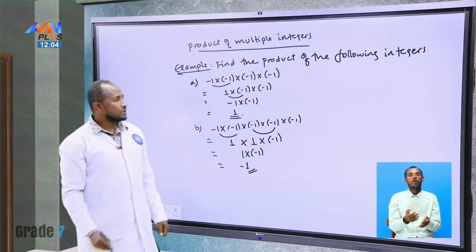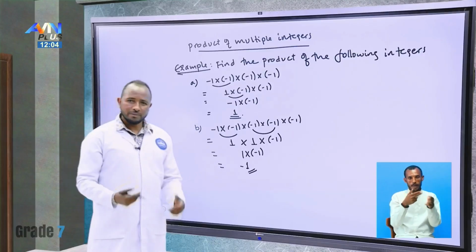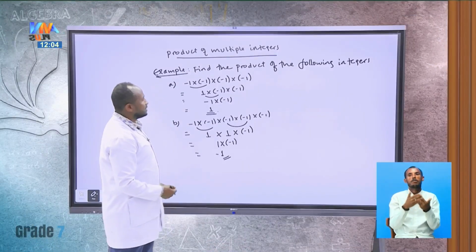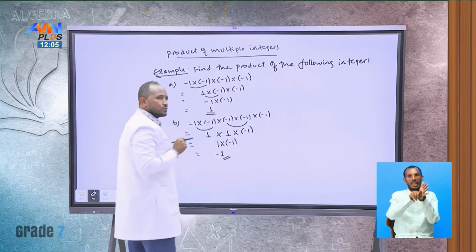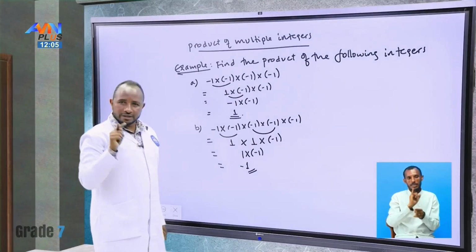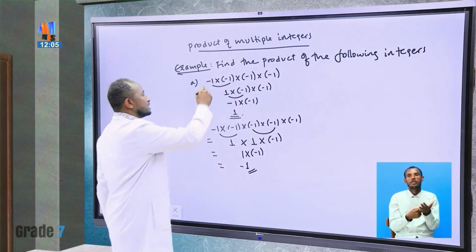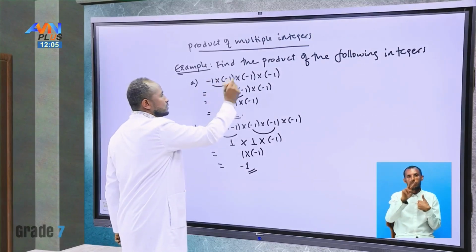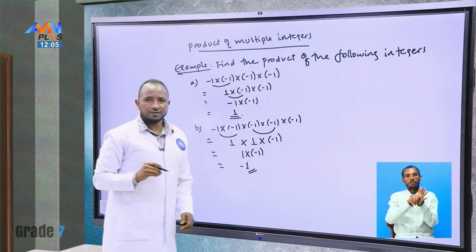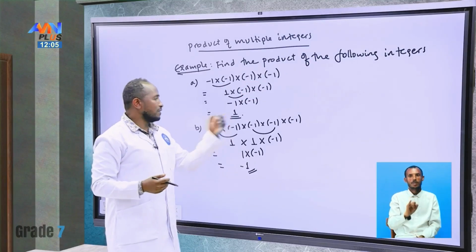Now, look at these two examples. When you multiply numbers, you can simply count the number of negatives to state whether the answer is positive or not. Here, let's count the number of negatives. You have 1, 2, 3, 4 negatives. When you have 4 negatives, the answer will be positive.